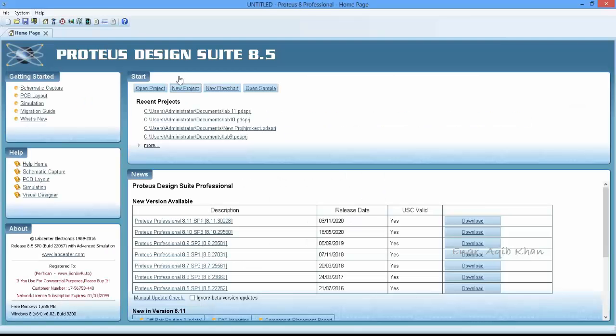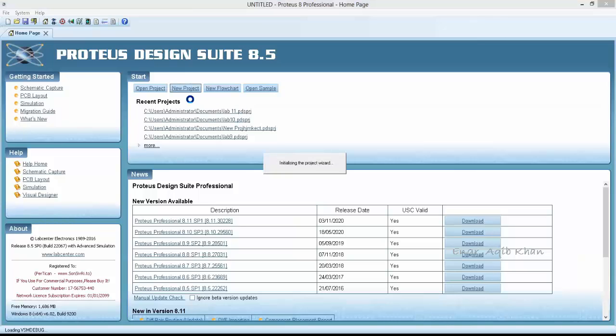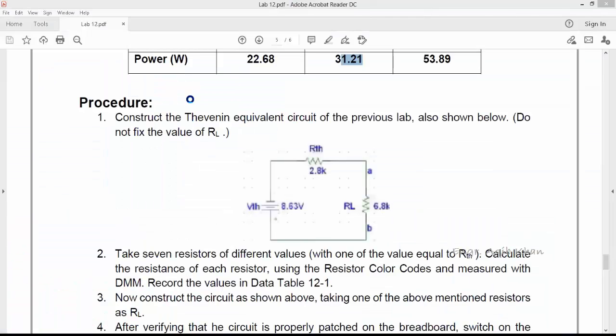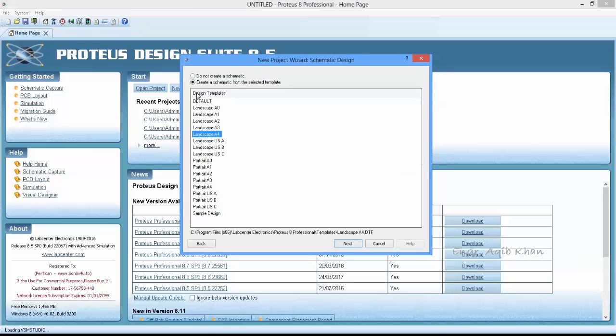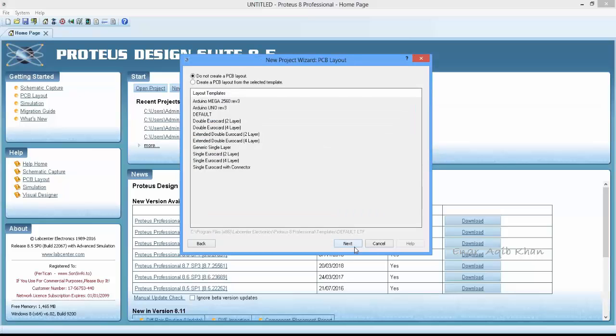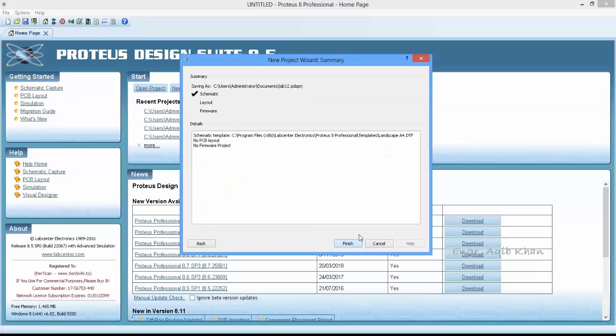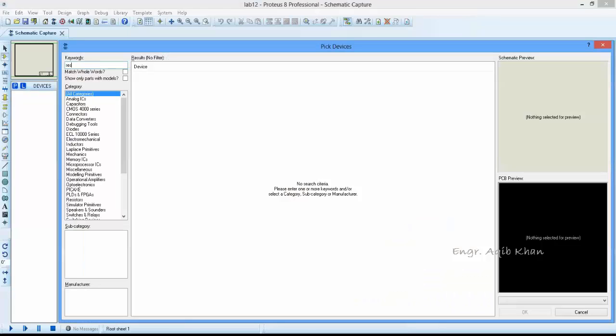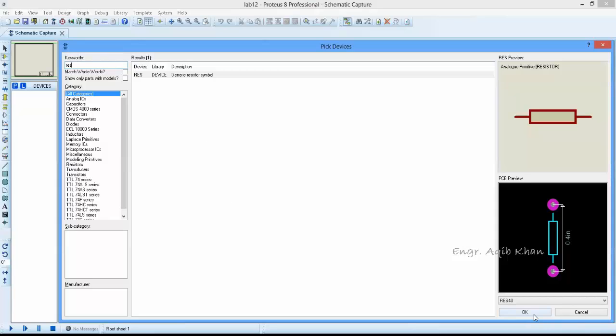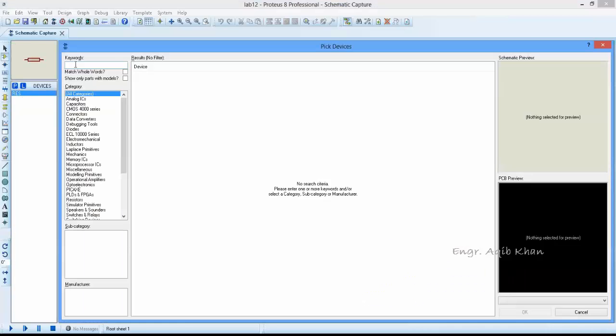Creating new project. Lab 12. Next. Resistor and battery.